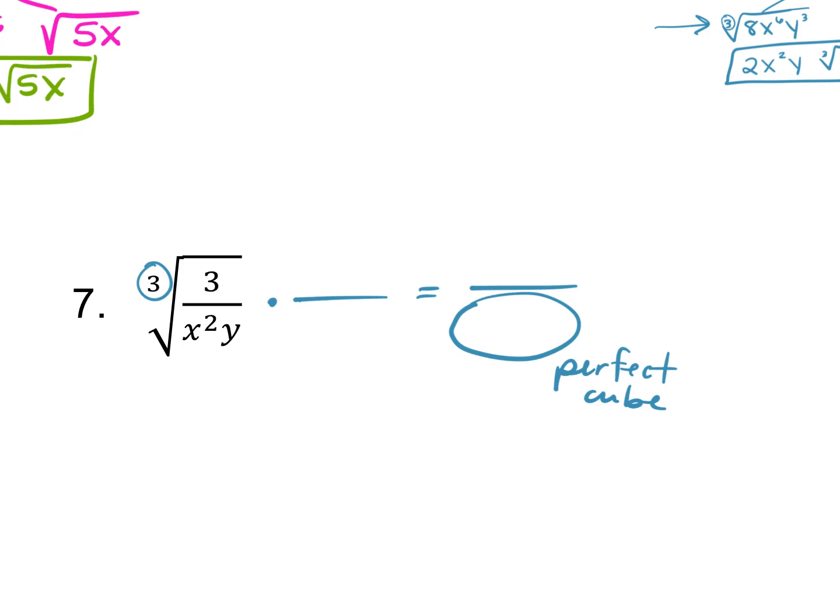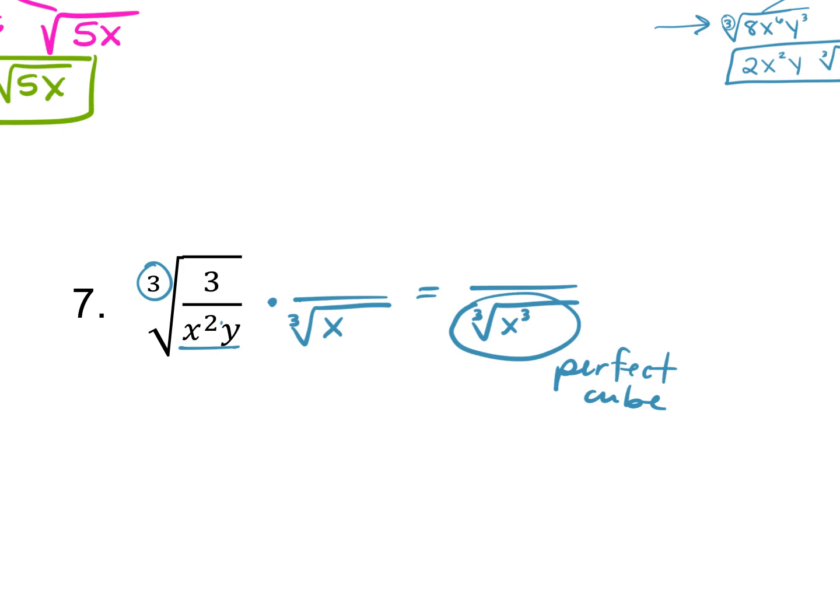So what you're going to do to make that happen is multiply by the cube root of something to make these perfect cubes. Well, if it's x squared, if I multiply that by x, that will get me the cube root of x cubed, and that's a perfect cube.